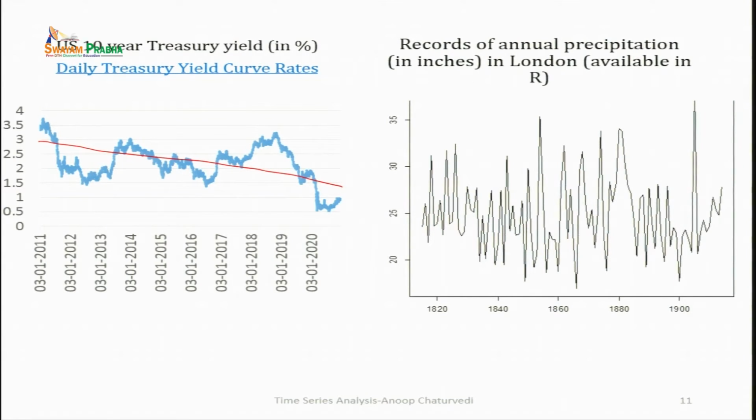cyclical component. Then this is the data set of annual precipitation in inches in London. This data set is also available in our software. In fact, the data set is not showing any trend. Of course, you cannot observe the seasonality because the data set is annual.